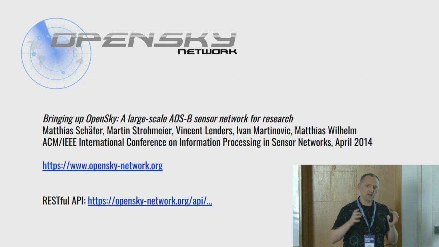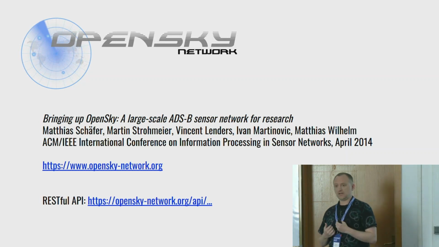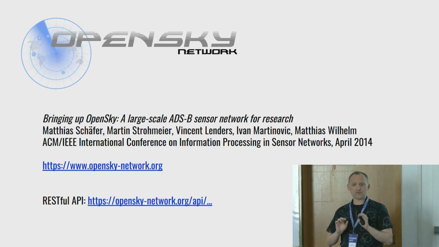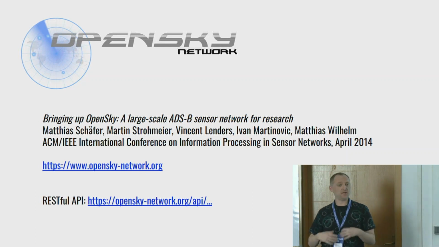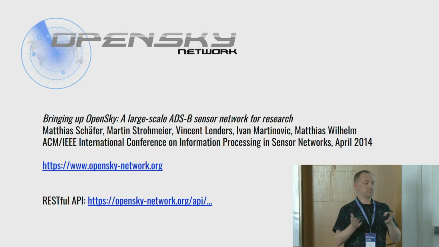They aggregate all of this ADS-B data, and they make it available to anybody under certain terms and conditions, which you should read, by the way, through a RESTful set of APIs. So we can go to their website and sign up; you can sign up by the end of this talk probably, you'll have an account, and you will be able to access live and historical plane data to go and play with.